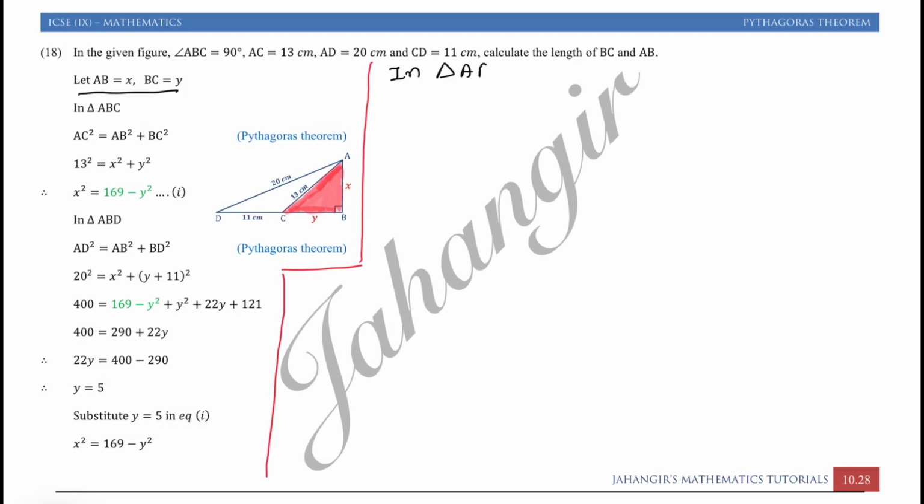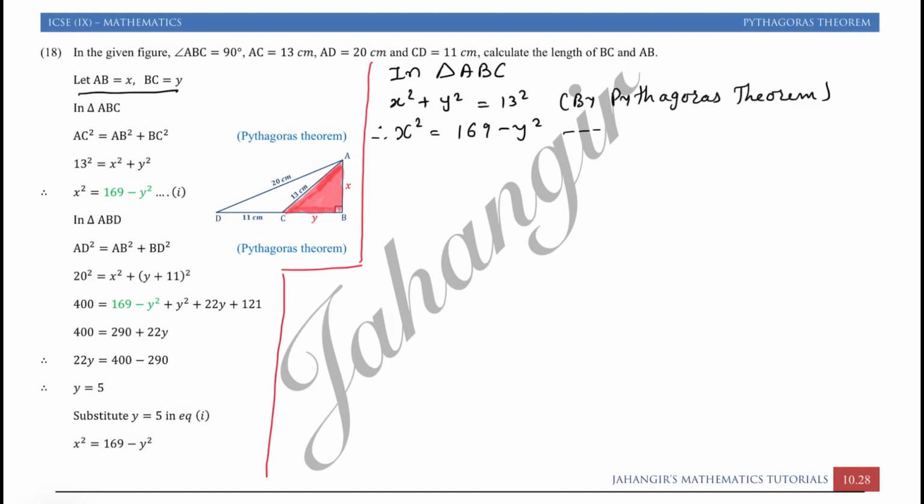So in triangle ABC, x square plus y square is equal to 13 square by Pythagoras theorem. We have the hypotenuse, so we can say hypotenuse square is equal to the sum of the squares of the other two sides. So therefore here also I can write x square is equal to 169 minus y square. That can be written as first. Now we will take the full triangle.